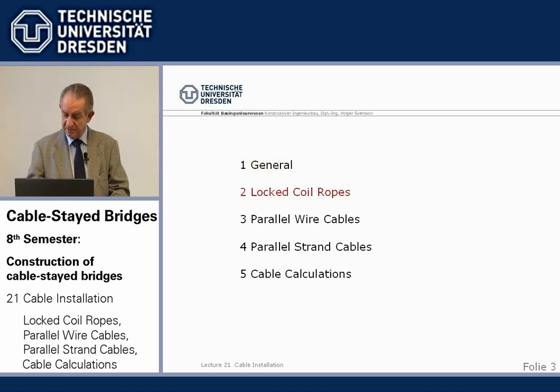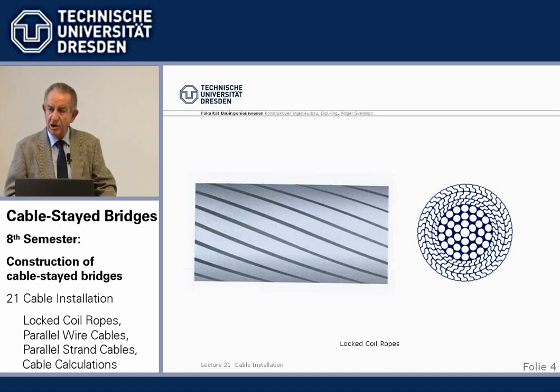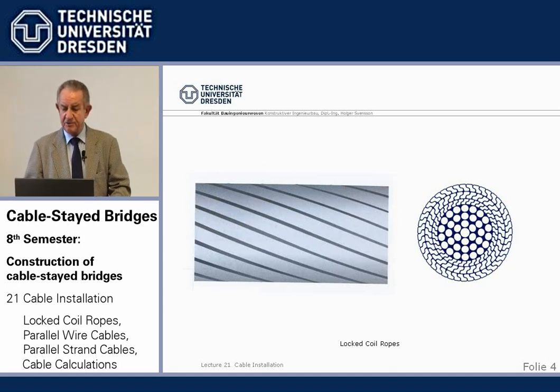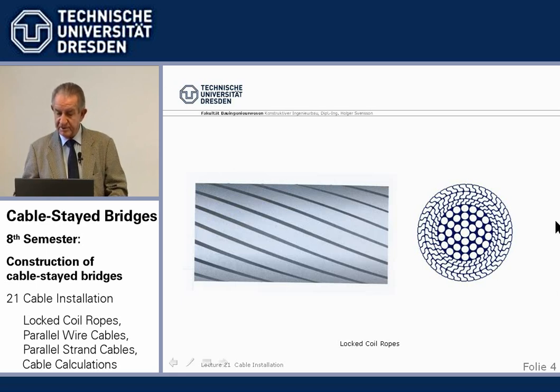Now, locked coil ropes. Just to refresh your memory, locked coil ropes consist of outer three layers, typically of Z-shaped wires, and there are round wires inside.